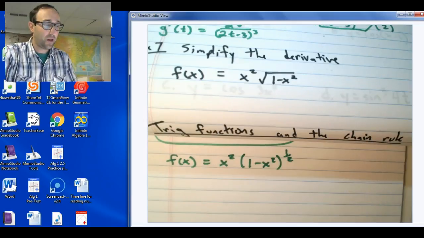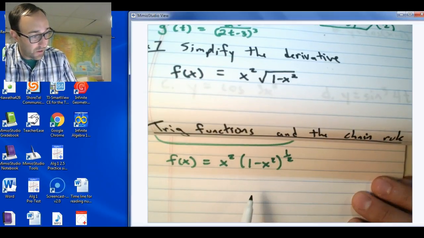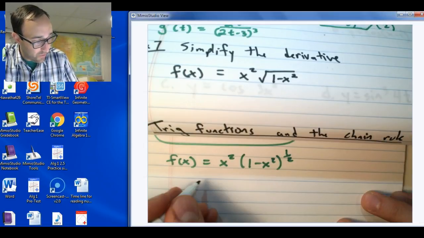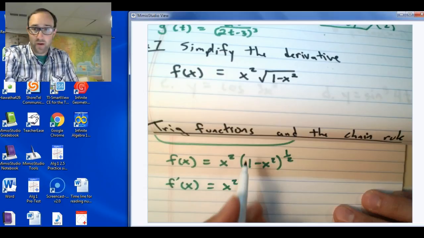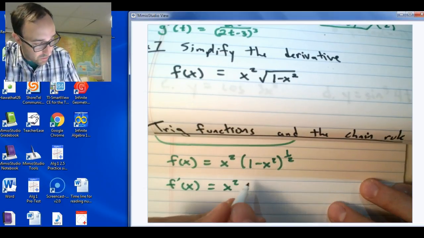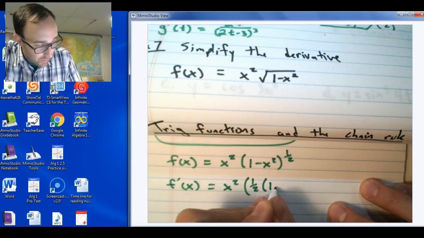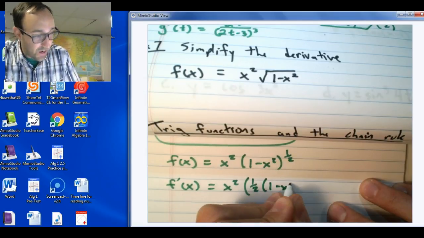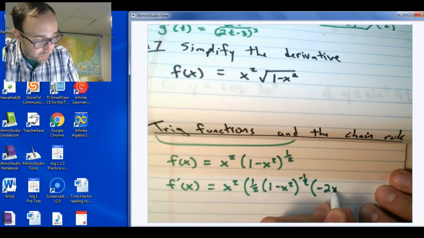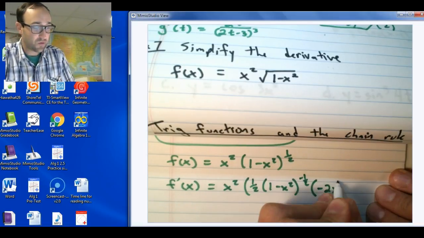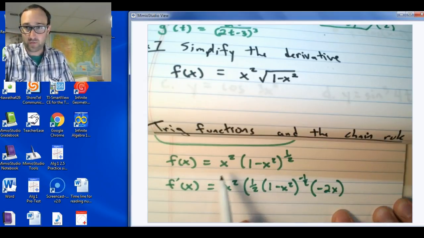All right, so now we've got two things, the product rule, I believe, so f prime of x is going to equal x squared times the derivative of this whole thing, which is 1/2 times (1 minus x squared) to the negative 1/2 times the stuff on the inside, negative 2x, because it's a minus here. So I really did the chain rule for this one, and now we're also doing the product rule for that part.